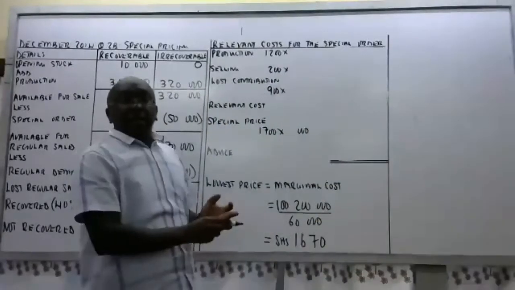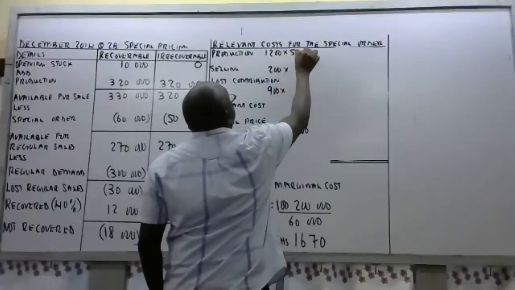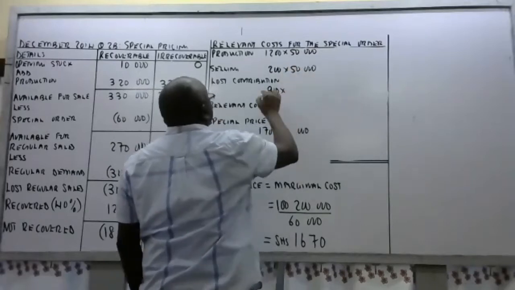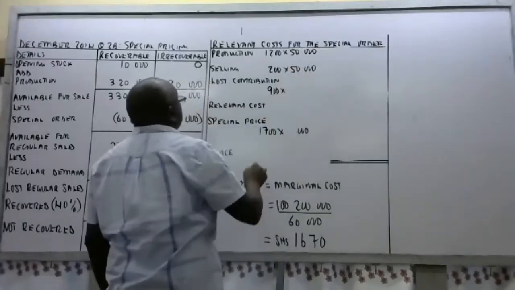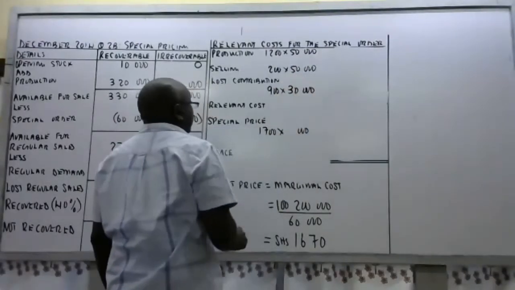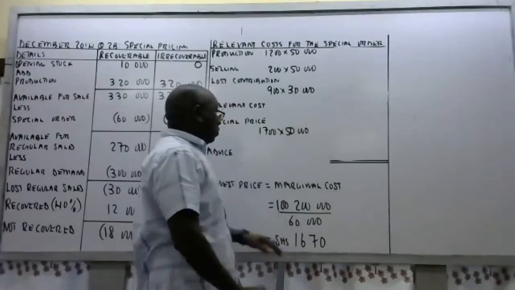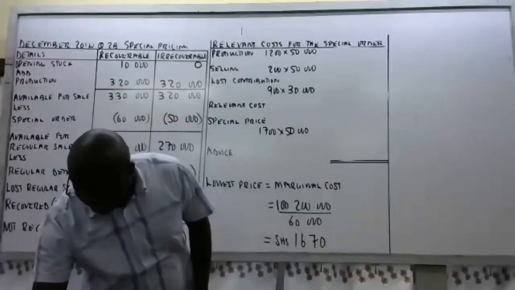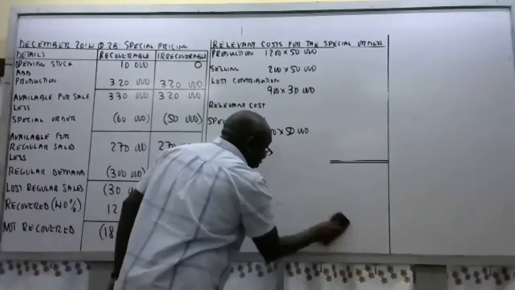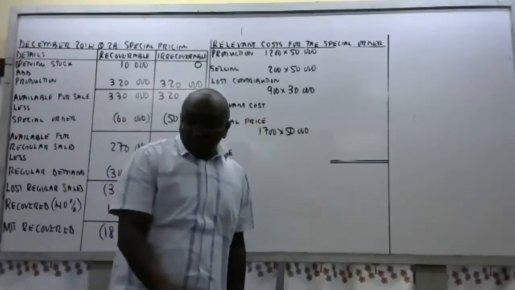So I'm saying you will just arrange it like this. Here production will be by 50,000. Then here also 50,000. Here the lost contribution now will be for 30,000 instead of 18,000. And here the revenue will be 50,000. Then you will tell me whether we should accept or reject. Do the same on your own.